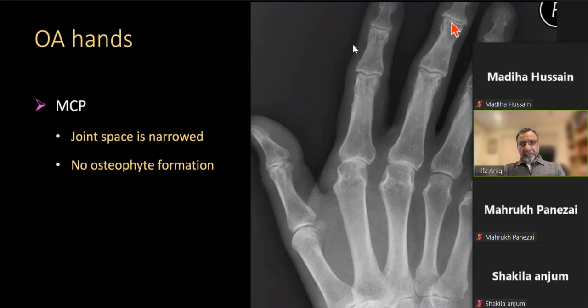We see marginal osteophytosis, joint space is reduced, subchondral sclerosis formation here, little things here, and a similar thing here, maybe a lysis formation there, some osteophytosis, but we don't see it here. This is a very, very important point. Just remember that.